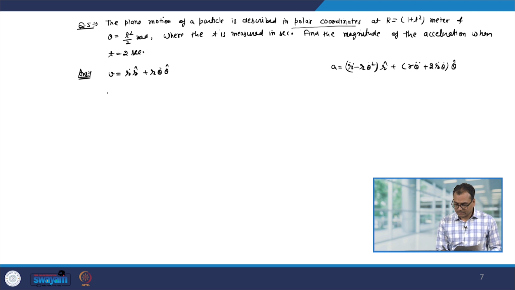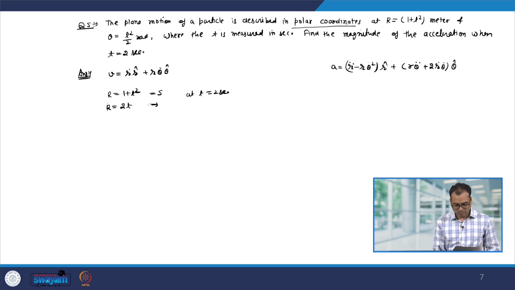It is given that r is equal to 1 plus t square, and all this we have to find out at t equal to 2 second. So, r becomes 5, r dot becomes 2t which is 4, and r double dot becomes 2.